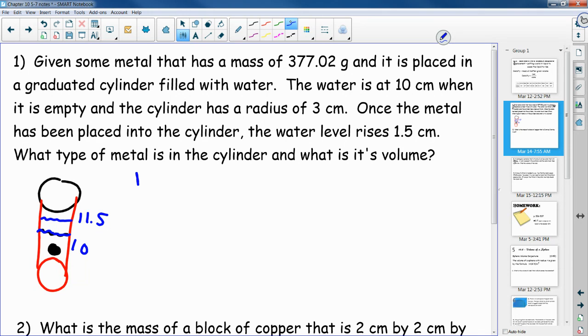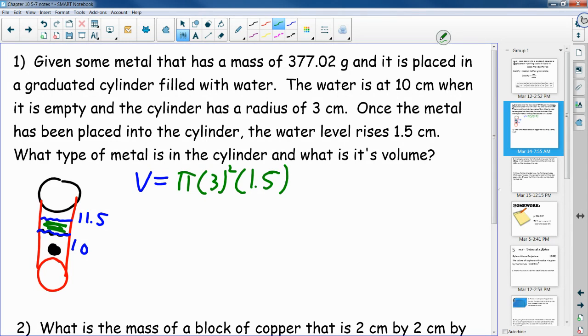To calculate this volume, we take the new cylinder that's formed right here in the green. It's a circle, so that is pi r squared, where r is 3, times our height, which is 1.5.